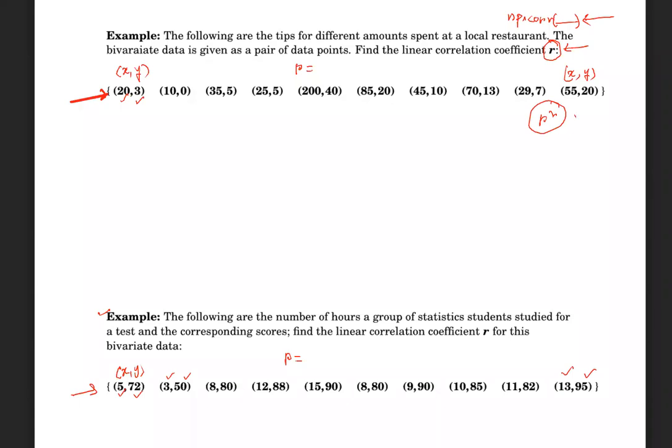The square of the value is the strength of association, how strongly they are associated. So go ahead and find the R for the first set of data and the R for the second set of data. I'll give you a few minutes to work on it.